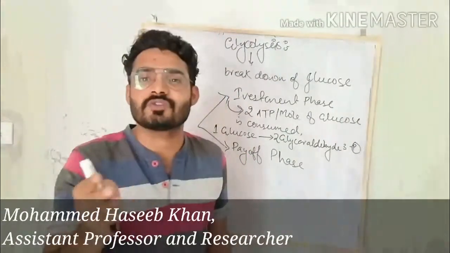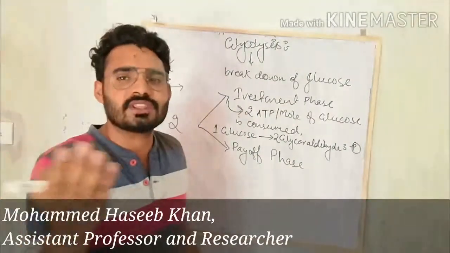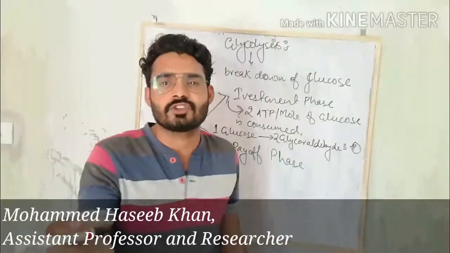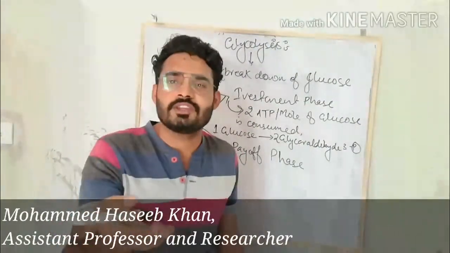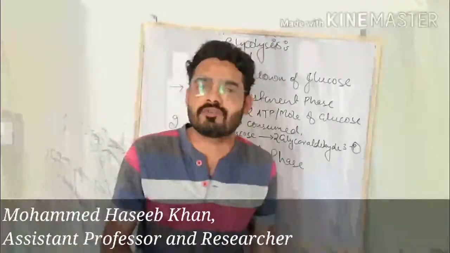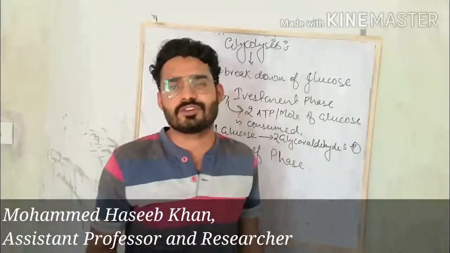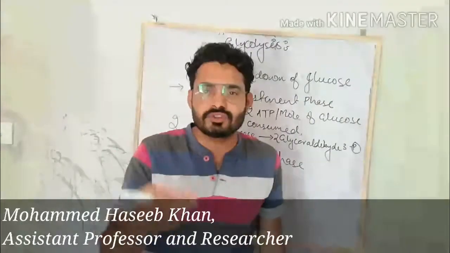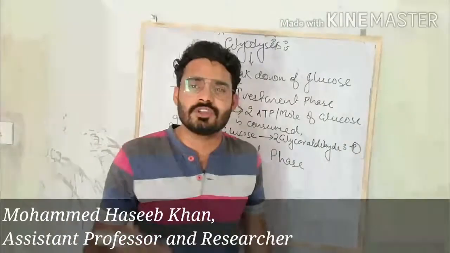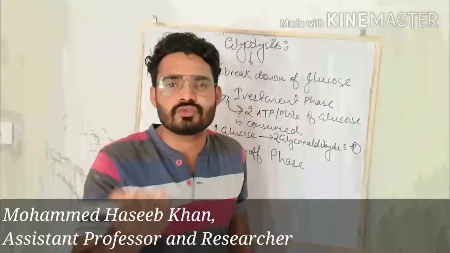So where does this phosphate come from, right? When we start with glucose, there is no phosphate. So in step number 1, there is entry of ATP, and that ATP is the phosphate donor. The phosphate from the ATP is transferred to the glucose, and glucose gets converted into glucose 6-phosphate. Then there is an isomerization reaction that converts glucose 6-phosphate into fructose 6-phosphate, right? In the third step, the fructose 6-phosphate gets converted into fructose 1,6-bisphosphate.